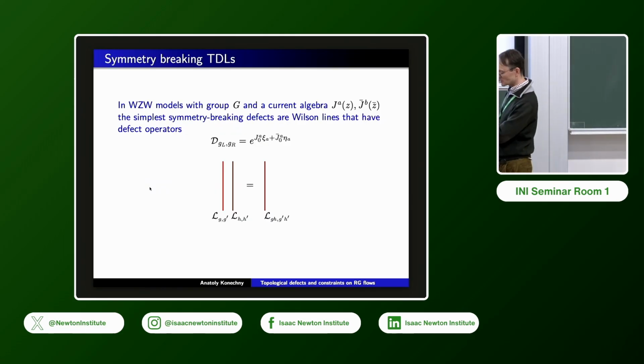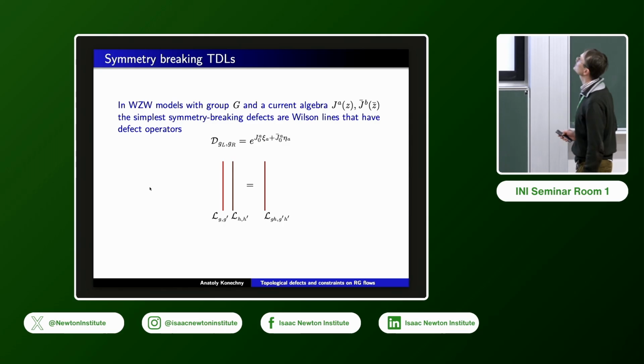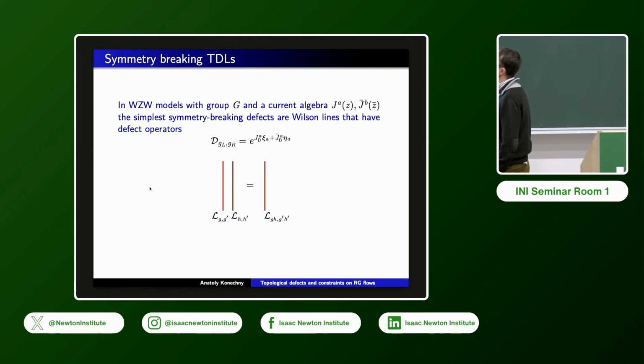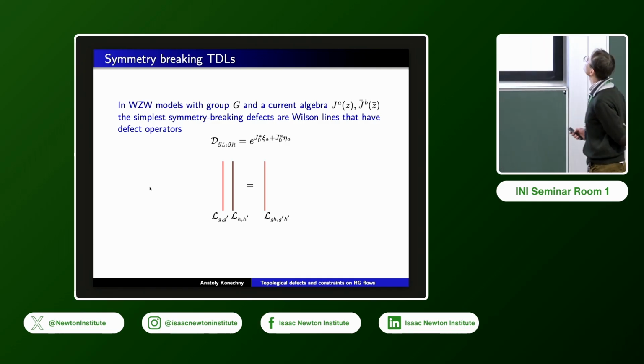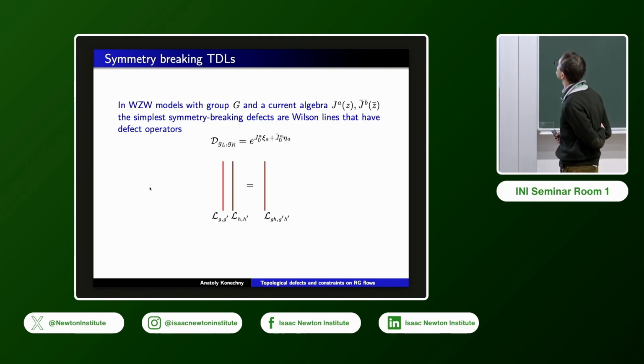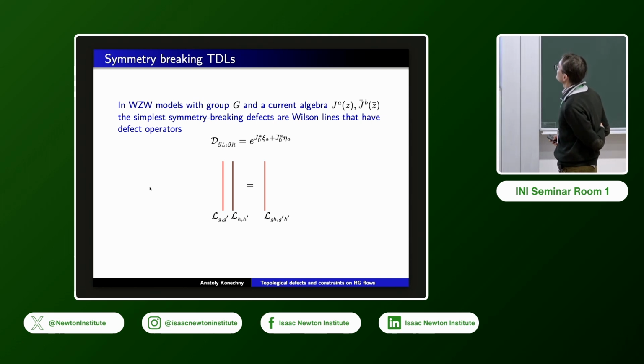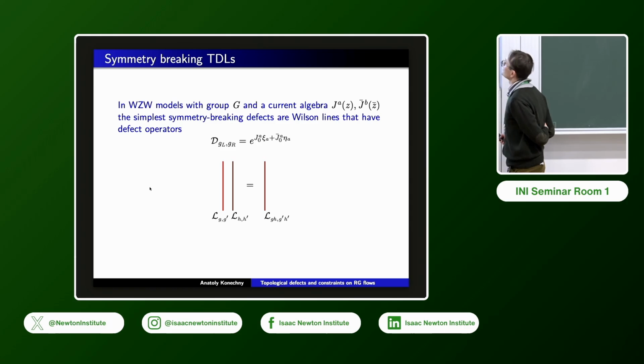So one thing I want to address, however, that I haven't seen much discussed, is symmetry breaking TDLs. One simplest example, or some arena for that, is Wess-Zumino-Witten models. We have global symmetry in Wess-Zumino-Witten models, which are generated by current algebras, left and right. The simplest symmetry breaking defects are the Wilson lines.